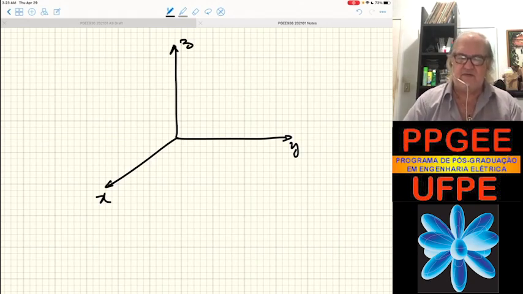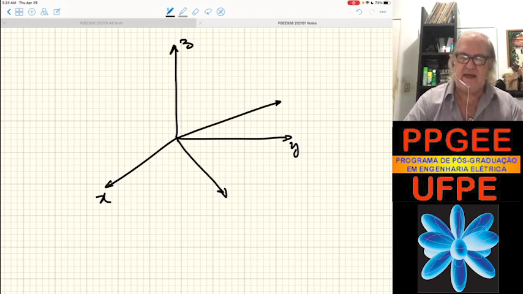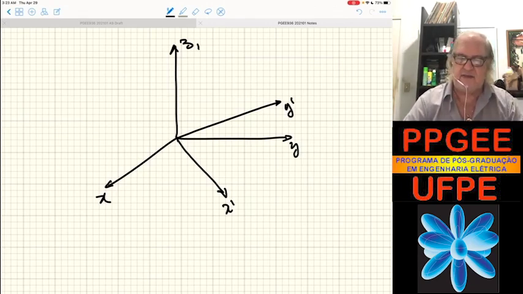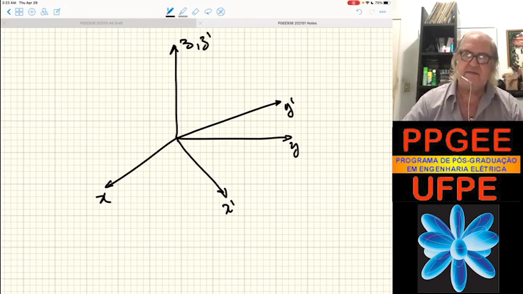First, we make a rotation, so you still keep the same axis, okay? The new system, x prime, y prime, is not related to the x prime in the demonstration.